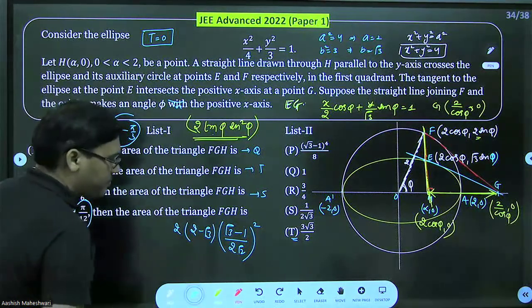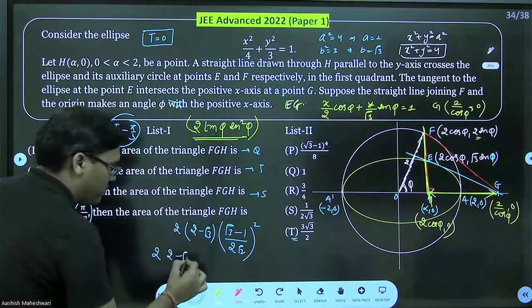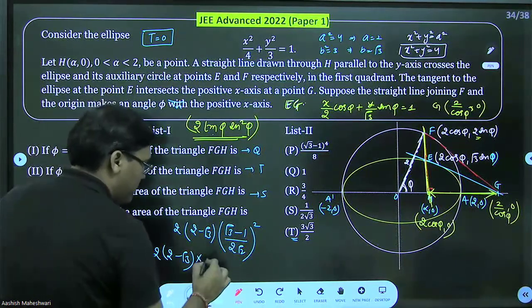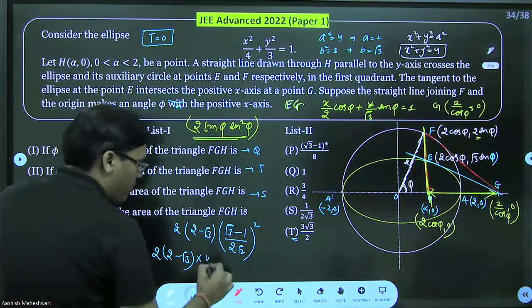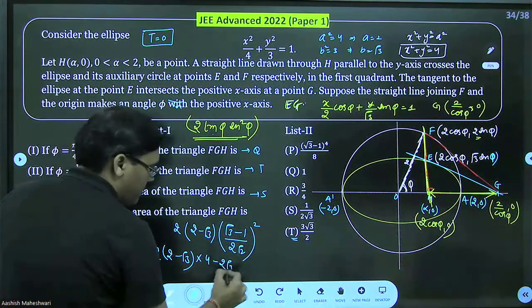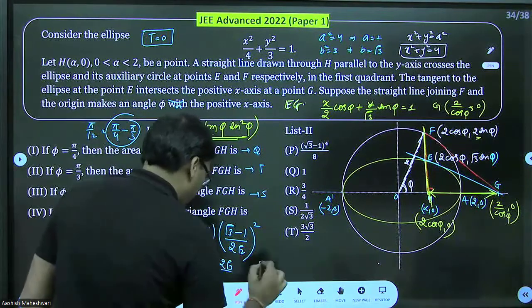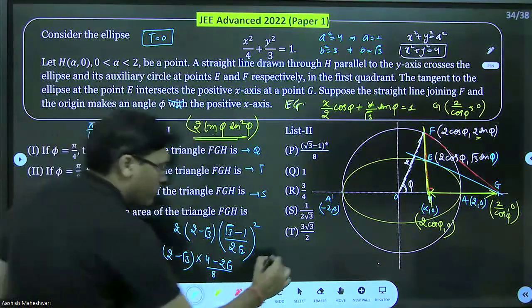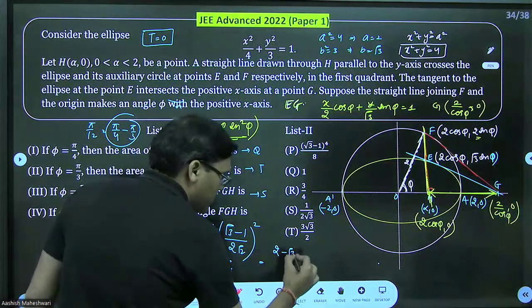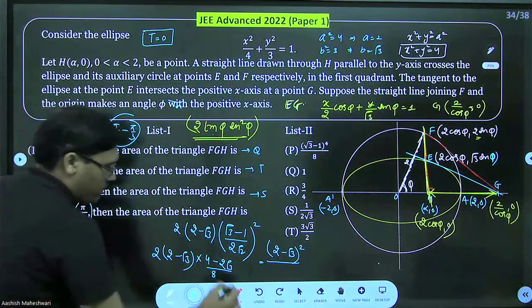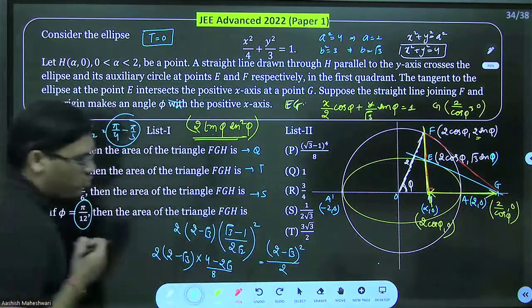This is 2 minus root 3 into, और इसको आप सिंप्लीफाई करेंगे, this is 3 plus 1, that is 4 minus 2 root 3 upon 8. So this will be 2 cancel, this is 4 cancel, this is 2 minus root 3 whole square. You can see 2 common हो गया, यहाँ से 4, so this is 2 minus root 3 whole square by 2.